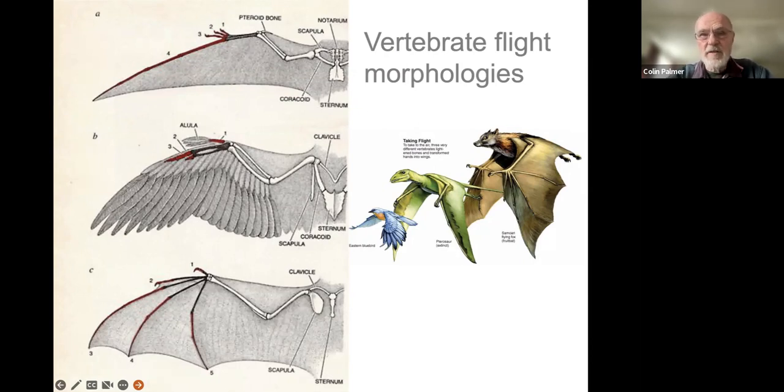They're all vertebrates, so their basic skeletal morphology, of course, is familiar and similar. But what the pterosaur has done is it has a membrane wing which is attached to a single hyperextended finger. So it's like a sail, if you like, with a single slender mast. And then behind that there is a membrane.